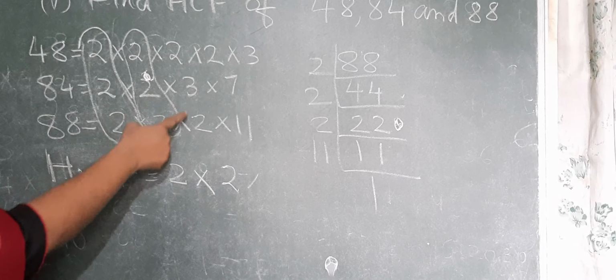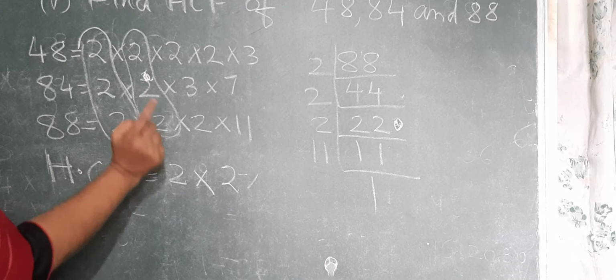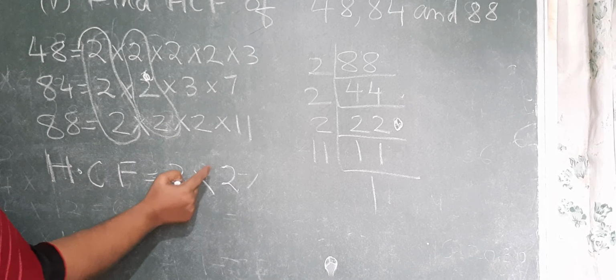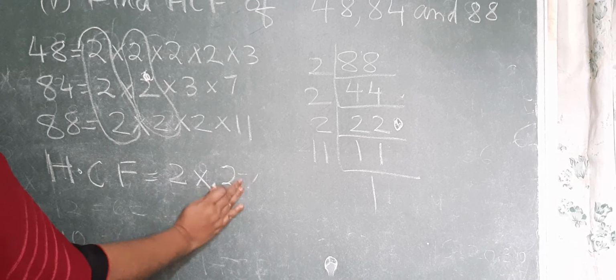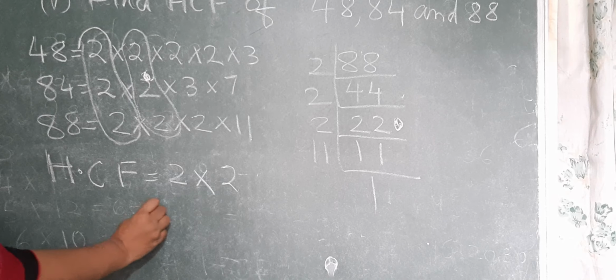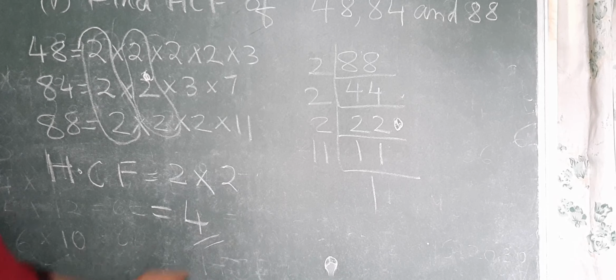After that 2 is here, 2 is here but not here. 7 is only here, 11 and 3 also here and here but not here. So that is it. So what is HCF? Is 4. So please try question 2 also and finish it. Okay. So this is the prime factorization method.